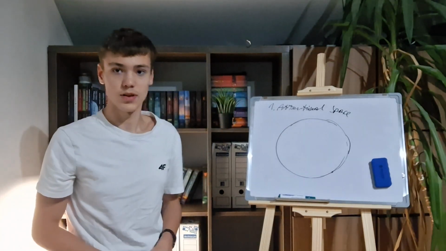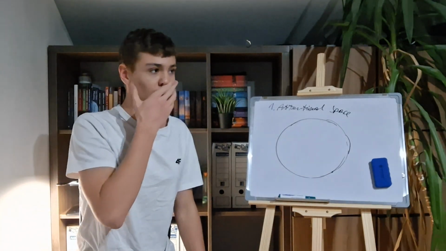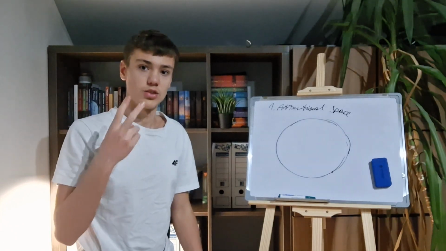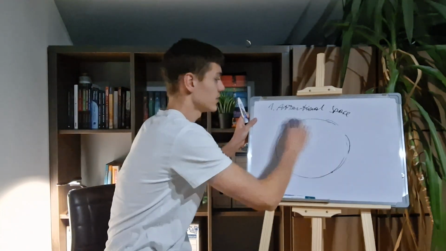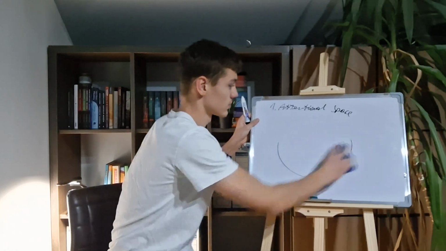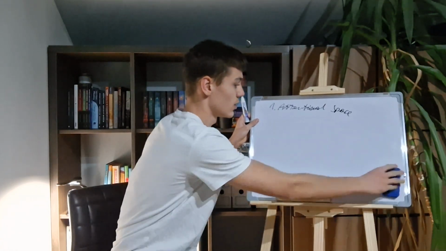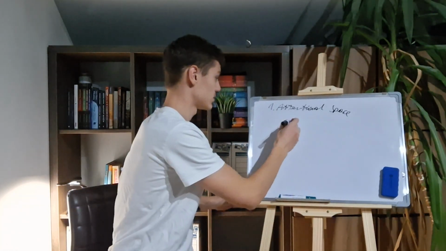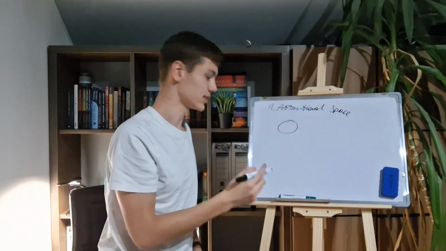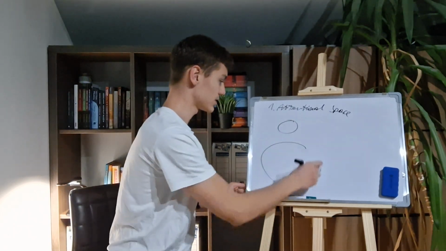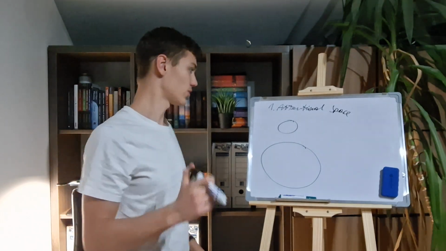Based on this, we can differentiate two types of tasks, right? We have small tasks that require less attention, and we have deep tasks that require a lot of attention.